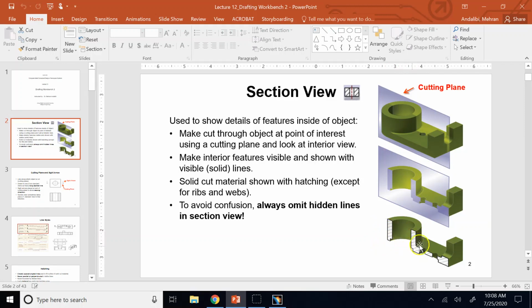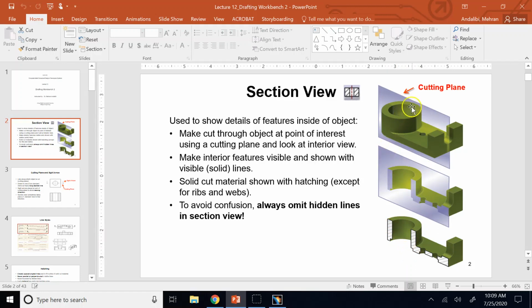These lines at some angle, all of them at the same angle, at a specific distance. And so the areas we hatch means those areas are on the cutting plane. Anything that is behind the cutting plane, we show it with visible lines, right?